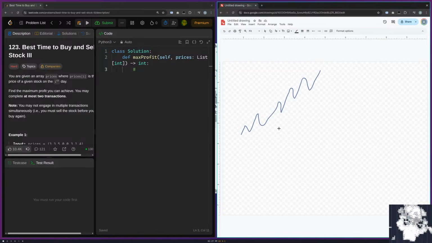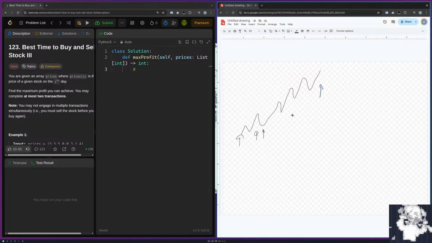The thing I'm just thinking is, we know how to iterate through and find the best place to buy and the best place to sell. The answer in this case is going to be something like buy here, sell here, buy here, sell here. Let me think about this.